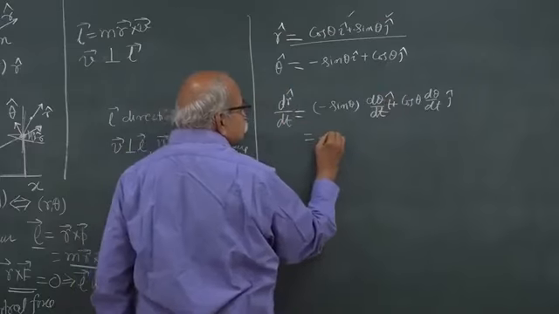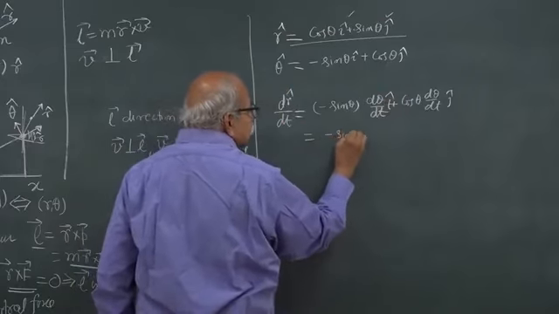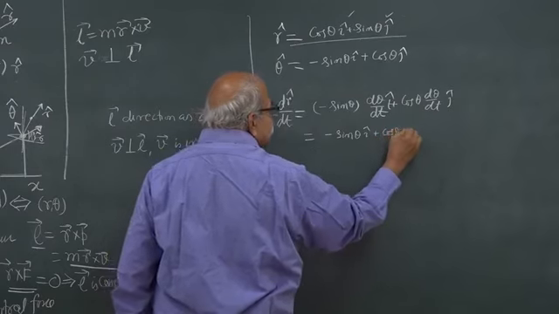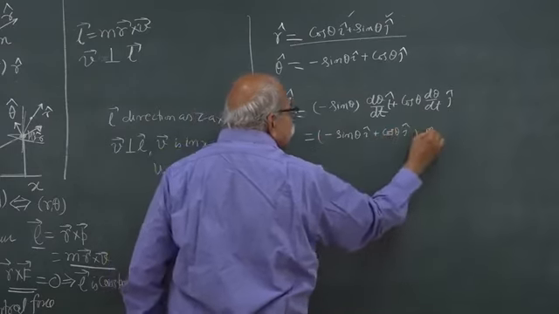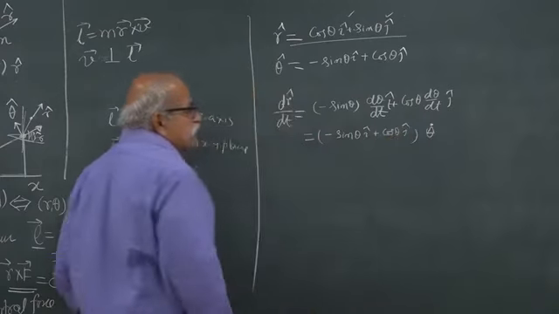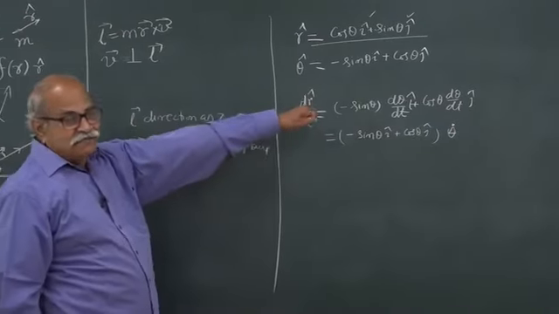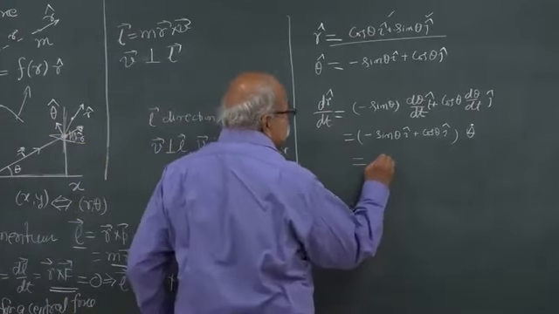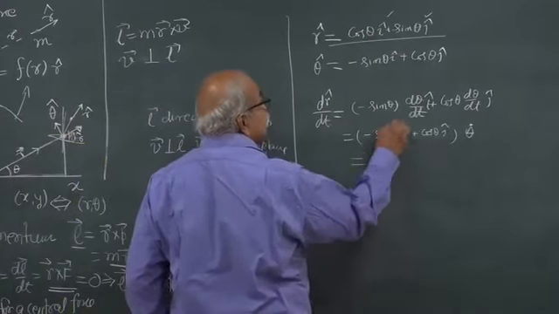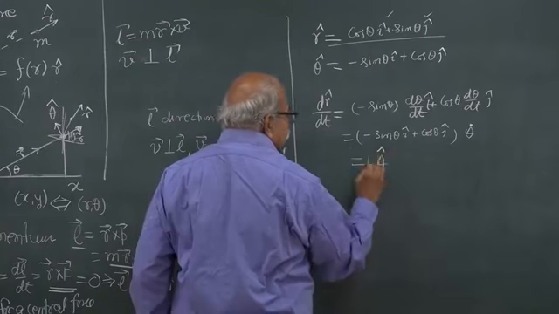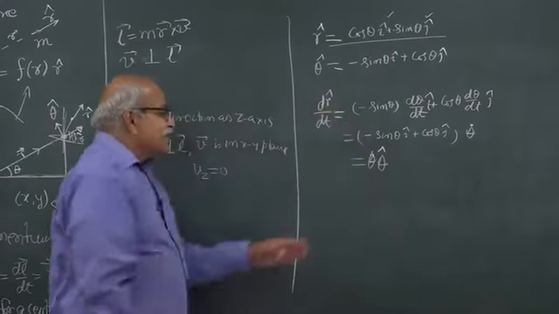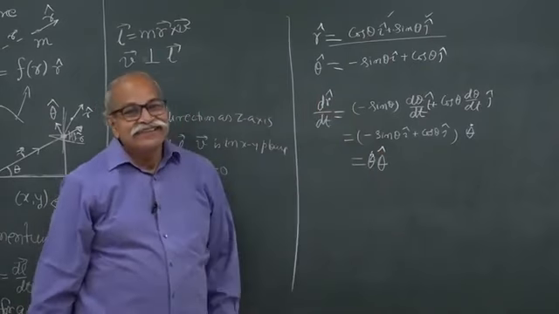This is minus sin theta i cap plus cos theta j cap and theta dot, and when I write dot it is d dt of theta, and this is theta cap. So, dr cap dt is theta dot theta cap.